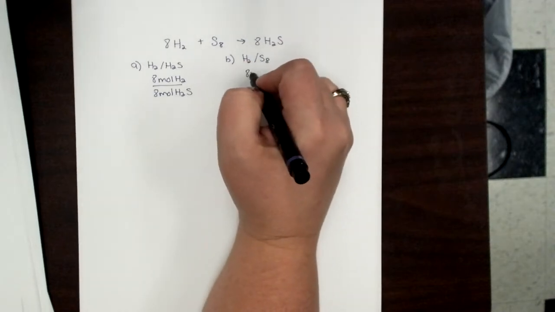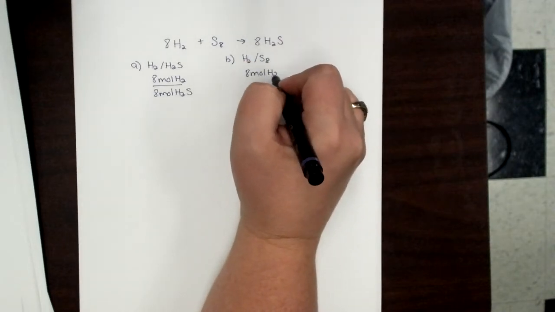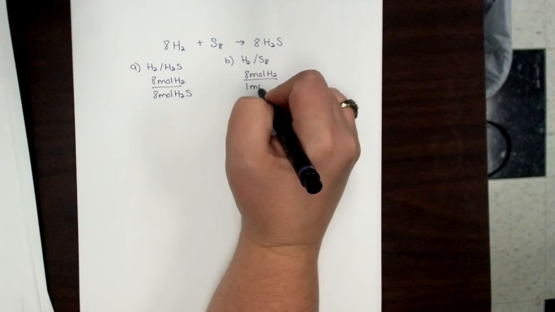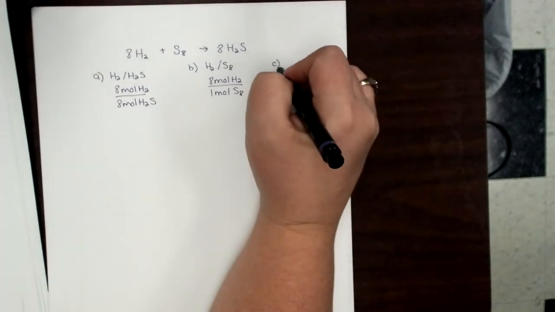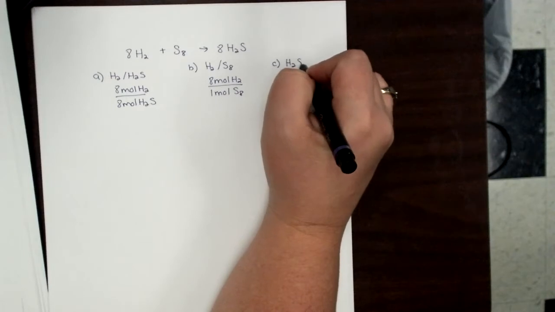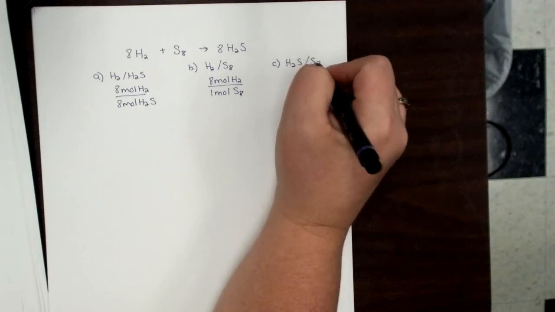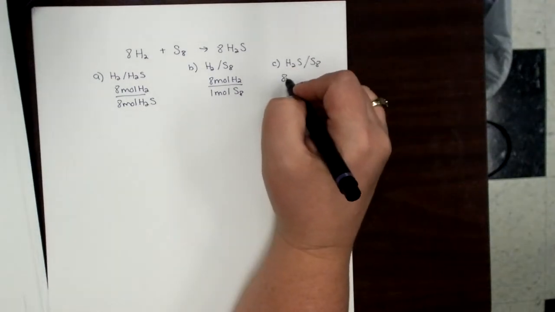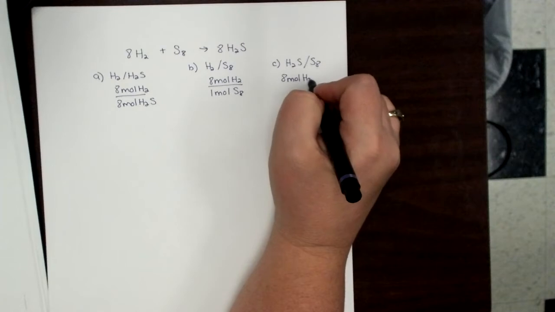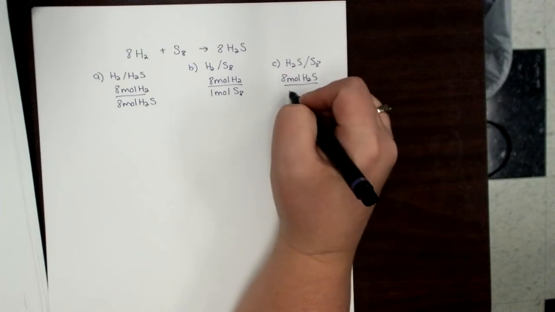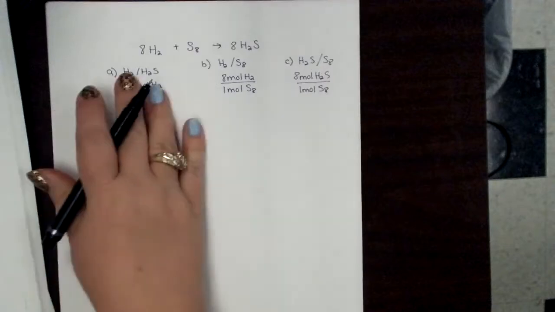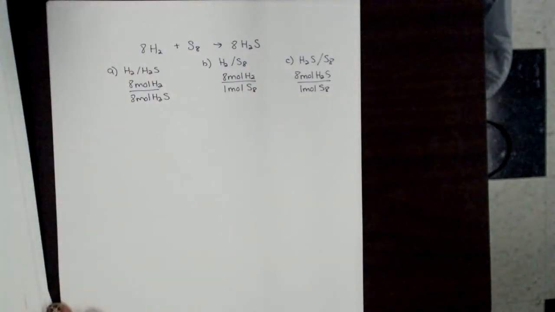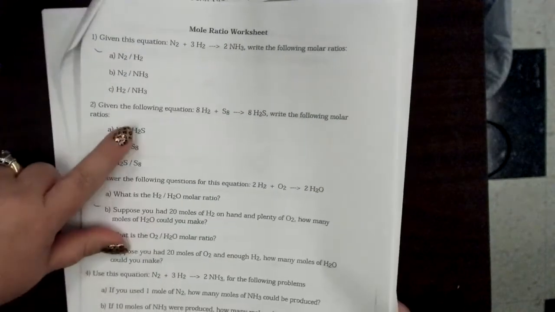So this would be 8 moles of H2 to 1 mole of S8. And then C is H2S to S8. So that would be 8 moles of H2S and 1 mole of S8. So there's our mole-to-mole ratios for number 2.